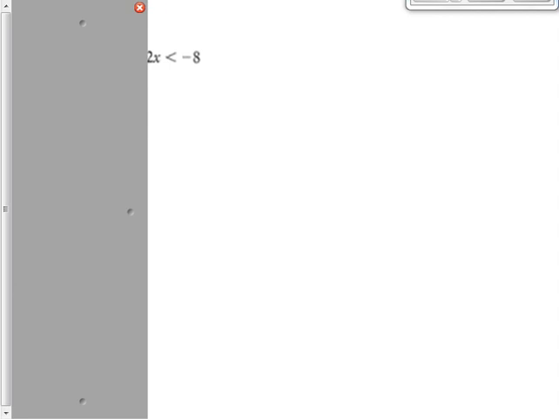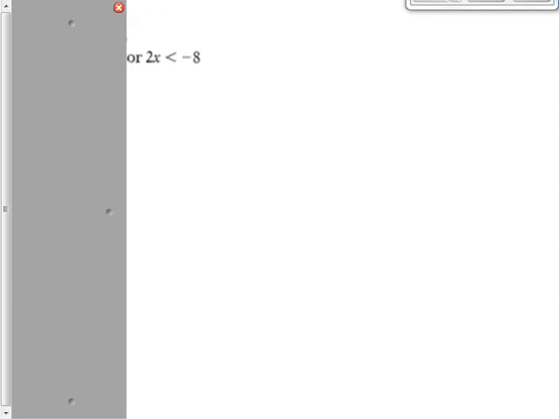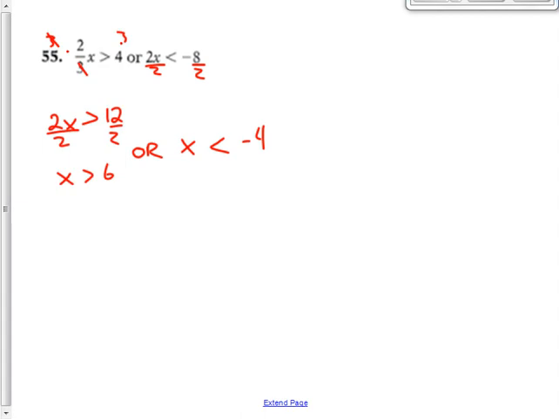There's my first one. Here's my second one. It's got an OR in it. I'm going to divide by 2, and that's the only step here, so -8 divided by 2 is -4. I divided by a positive, even though I ended up with a negative answer. I still divided by a positive, so there's nothing that has to happen as far as the inequality switching.